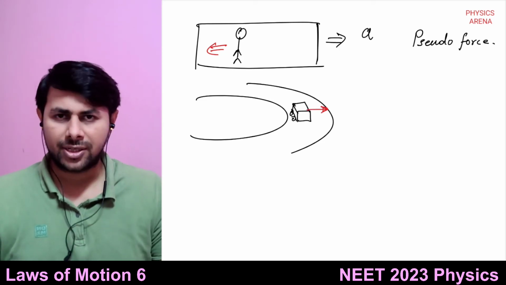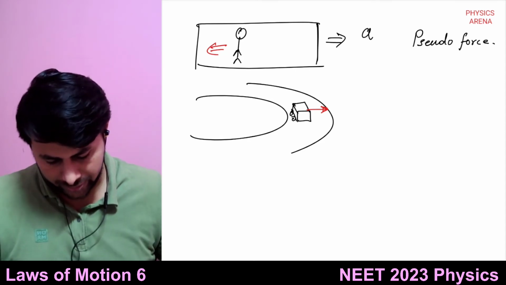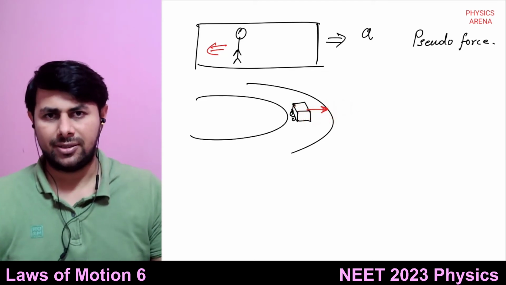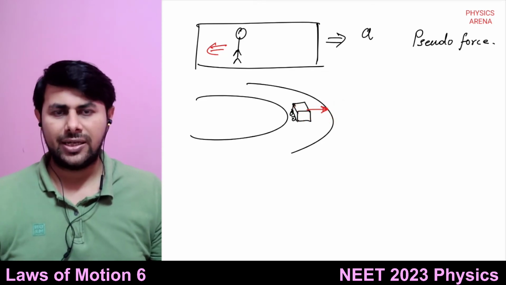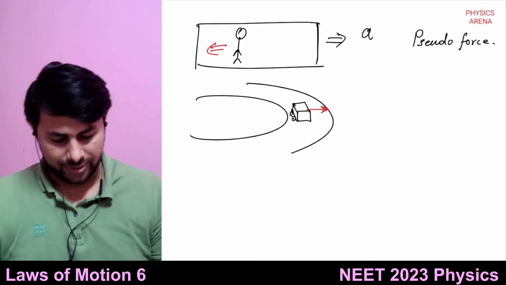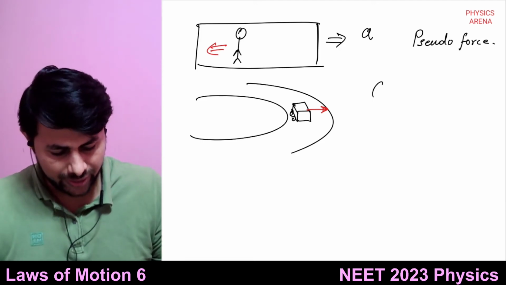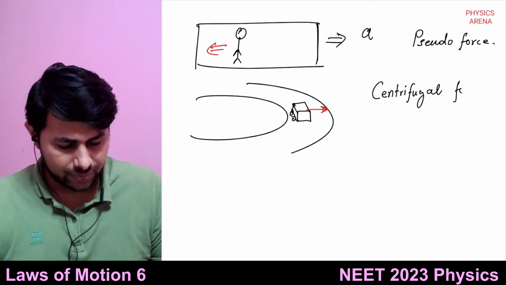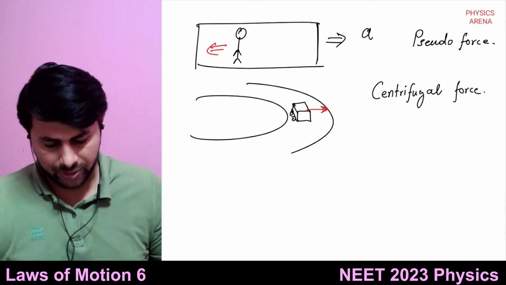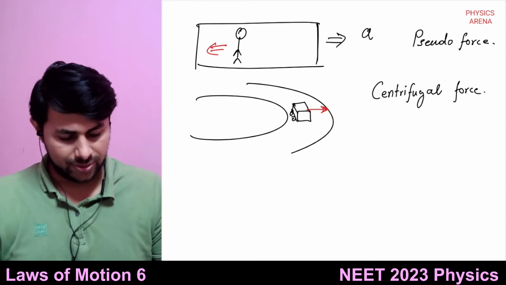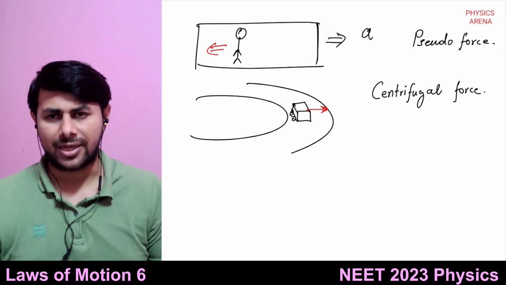If there is no friction to keep it on this road surface, it will slide away from the center, okay. So we say there is a centrifugal force, a pseudo force acting on it, which in this case we call centrifugal force, because this sliding cannot be explained using a real force. So we say a centrifugal force is acting.